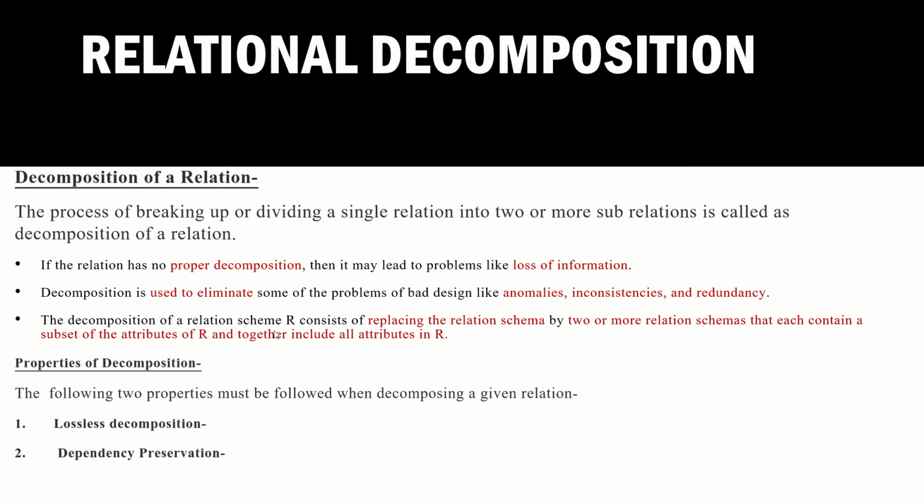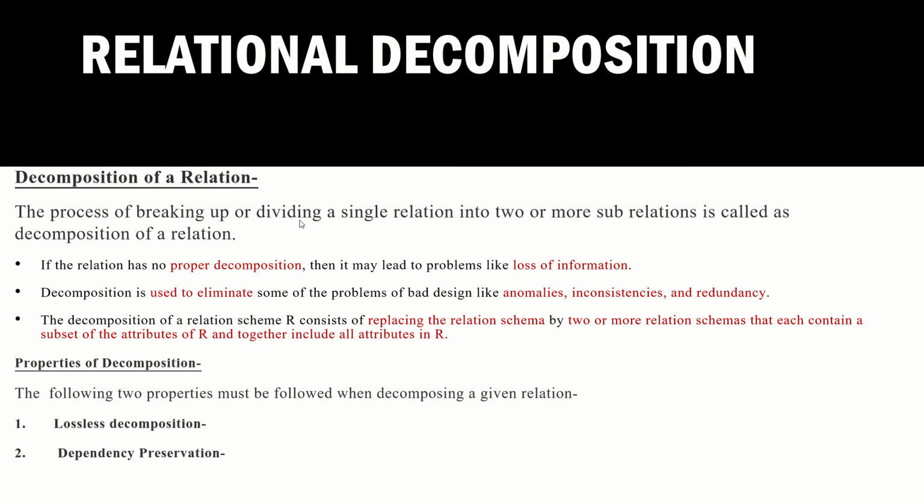That is, suppose R is a table which contains a set of attributes. Suppose that we are decomposing R into smaller tables. In that case, each of the tables will contain a subset of attributes of the original table R. And if we join all these smaller tables together, we will get all the attributes in capital R. So those are the main points you have to consider in decomposition of a relation.